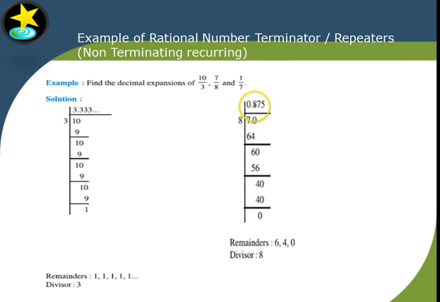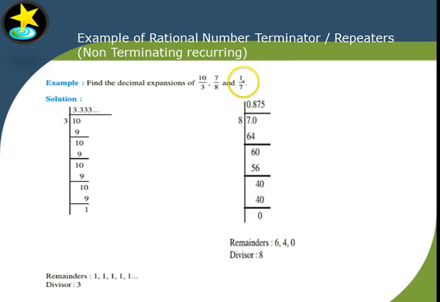8 multiplied by 8 gives you 64, and if you subtract 64 from 70, what we get is 6, and again you can put a 0 because of this decimal. When you multiply 8 by 7, you get 56, and when you subtract 56 from 60, you get 4.